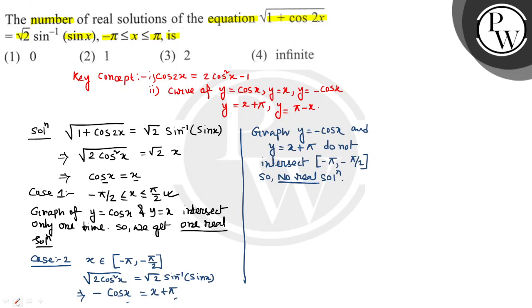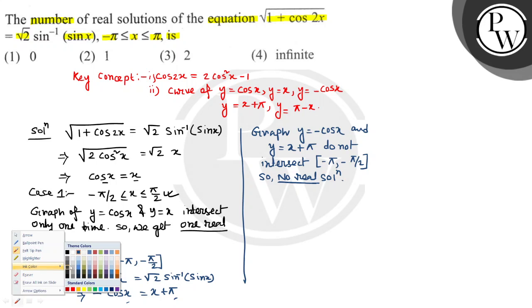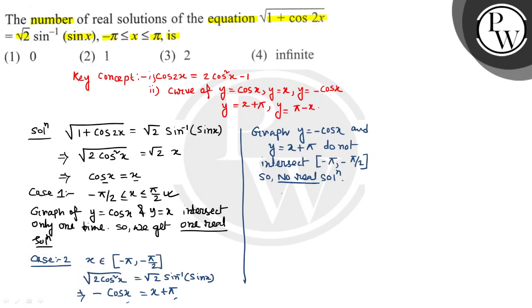Now we move to case 3. We consider the interval x belongs to pi by 2 comma pi.